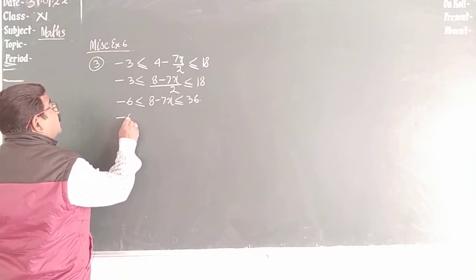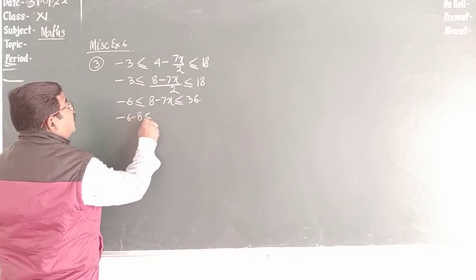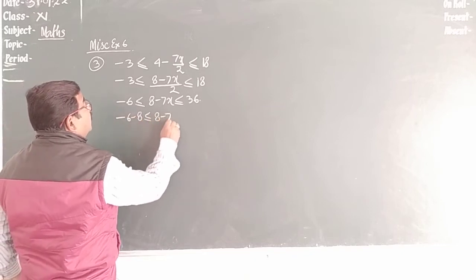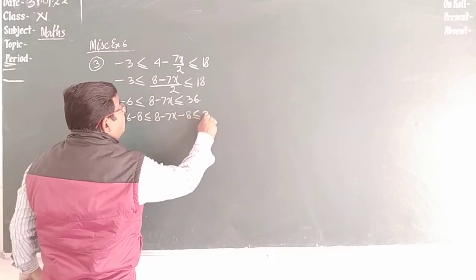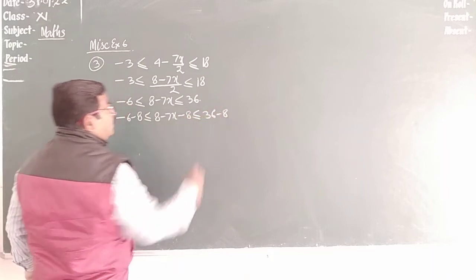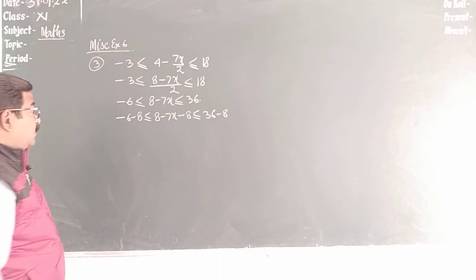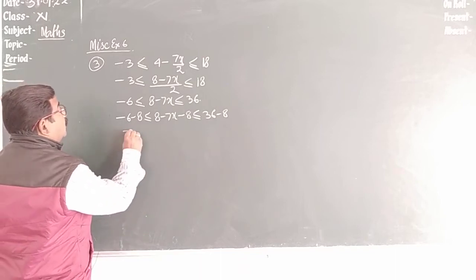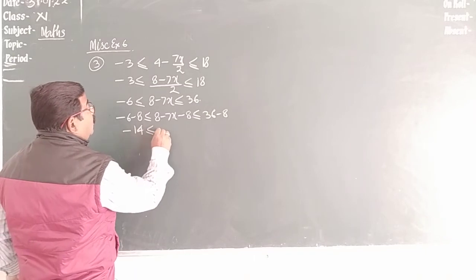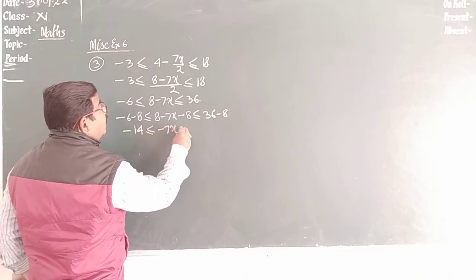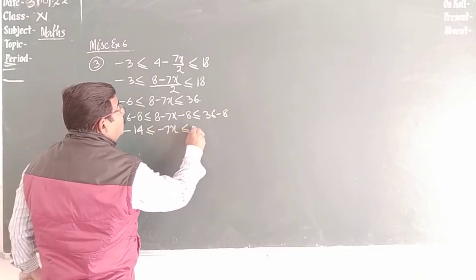So minus 6 minus 8 is less than or equal to 8 minus 7x minus 8 is less than or equal to 36 minus 8. After this it is minus 14 is less than or equal to minus 7x is less than or equal to 28.